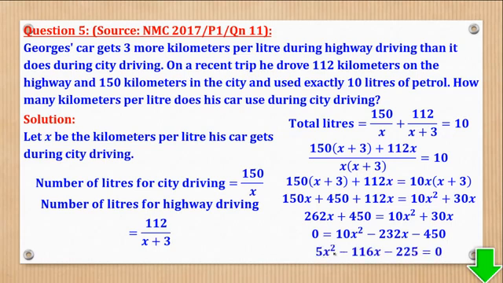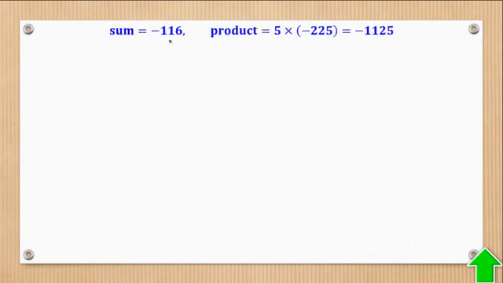So dividing through by 2 gives you that. So this is a quadratic equation, so I can choose any of the two methods, either using the quadratic formula or the method of factorization by splitting the middle term. If I choose splitting the middle term, I'll need 2 factors whose sum is negative 116 and product is negative 1125. So those 2 factors are negative 125 and 9.